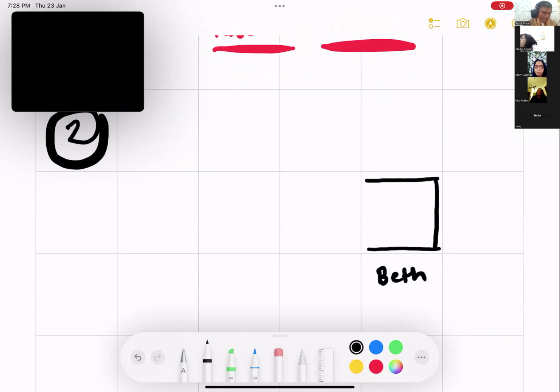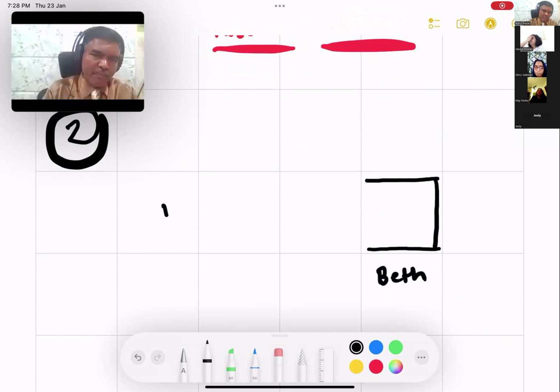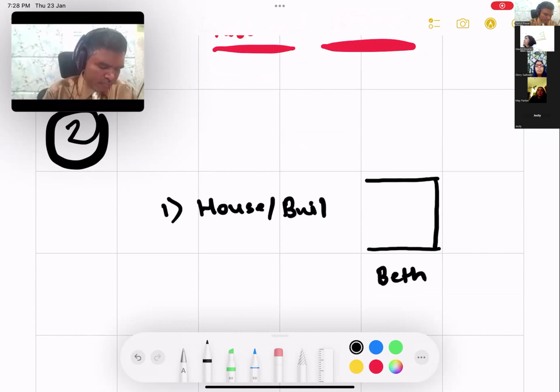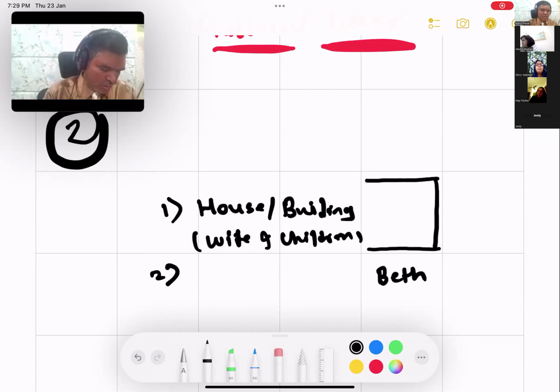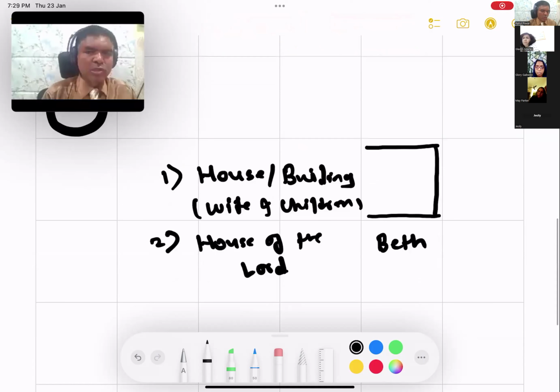The meaning of Beth is house or building. It also means household, wife, children. Then it also means house of the Lord.